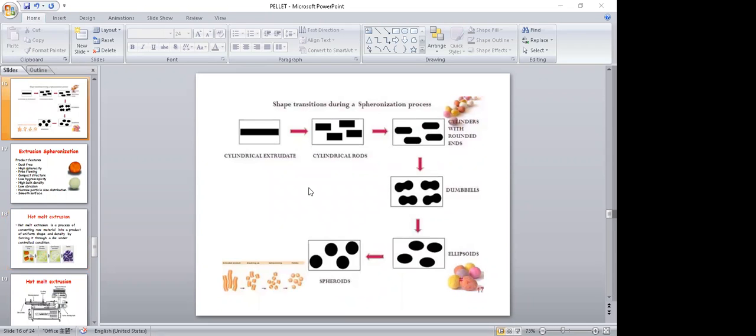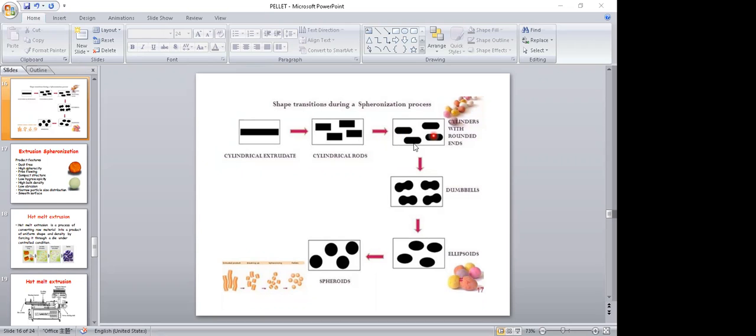So these are the steps which show the formation of pellets by the spheronization process. By using the extruder, you will get your extrudate, which is cylindrical like this. Further, the cylindrical extrudate breaks down into cylindrical rods. As they are placed into the spheronizer, which is in a rotating state, their ends are converted into rounded ends.